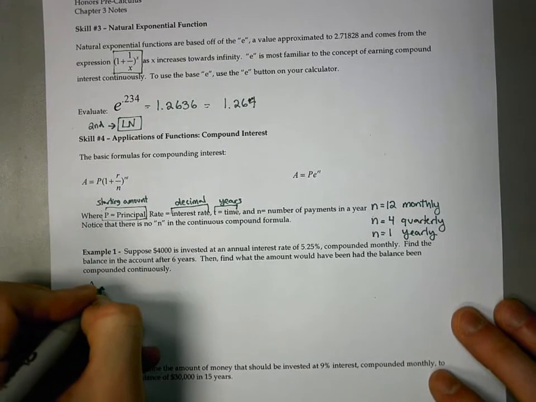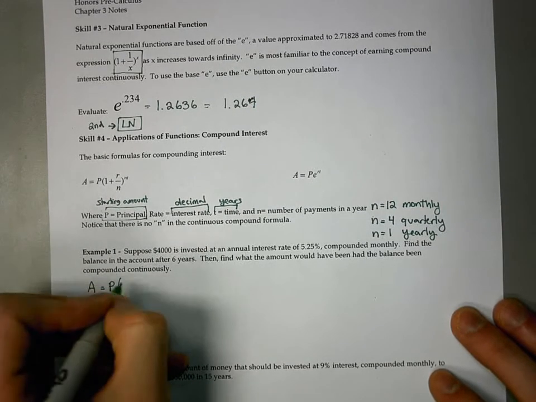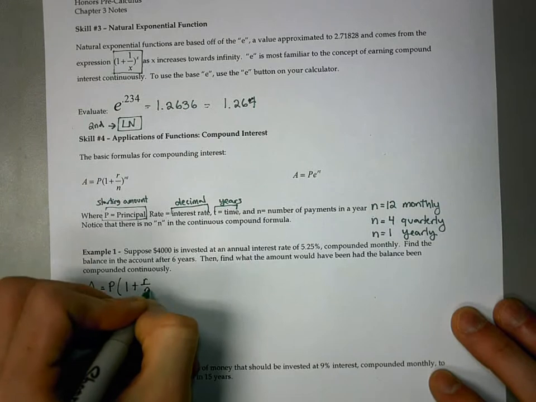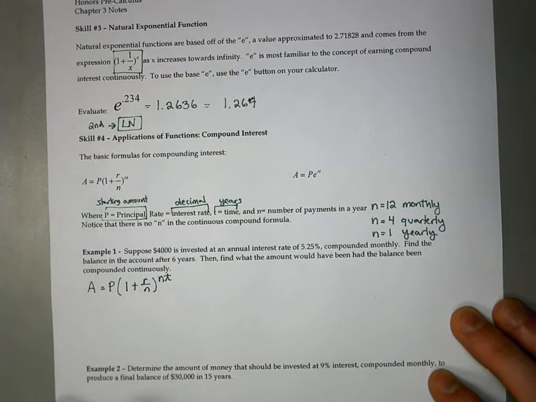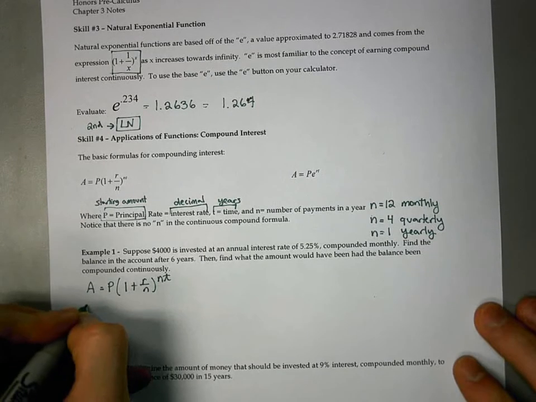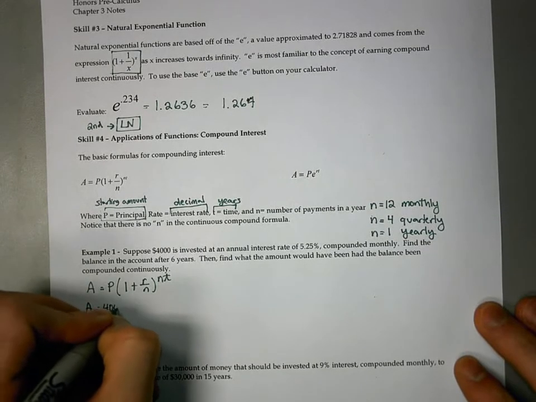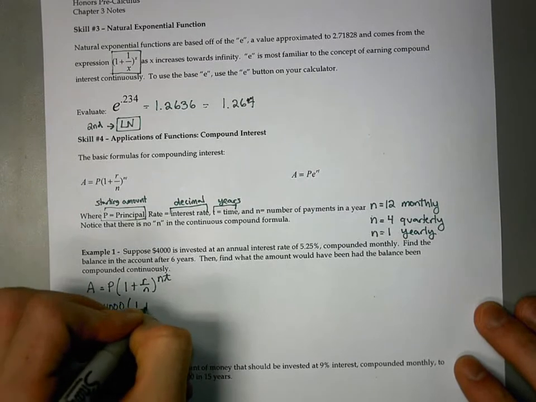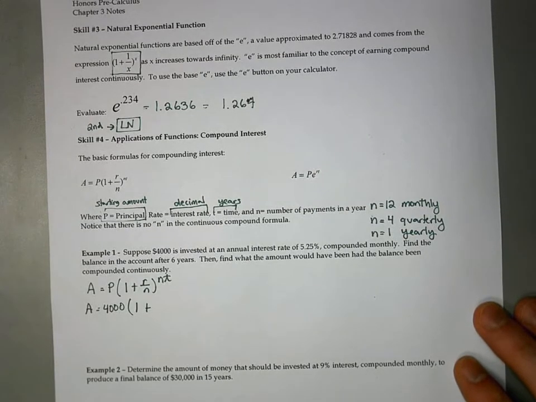So A equals P(1 plus r over n) raised to the nt is our interest formula when we are not compounding continuously. We know we've got $4,000. My rate is 5.25%, and we need to convert that into a decimal.